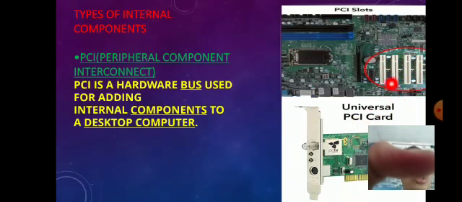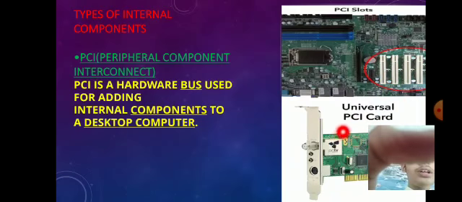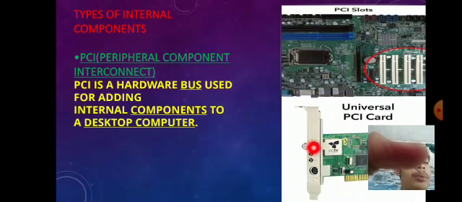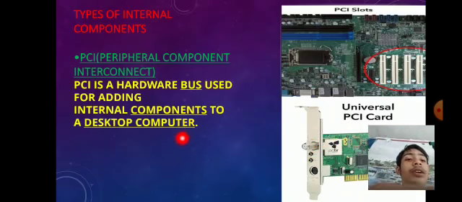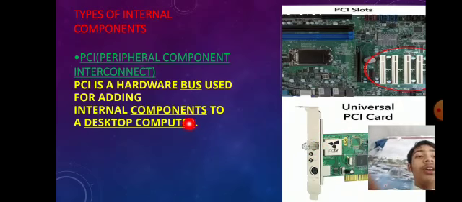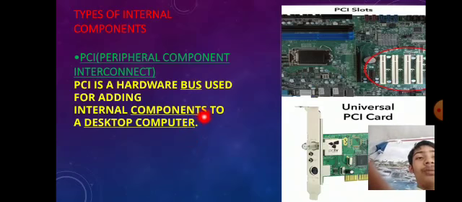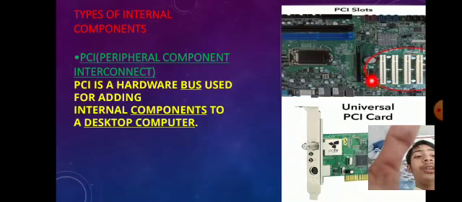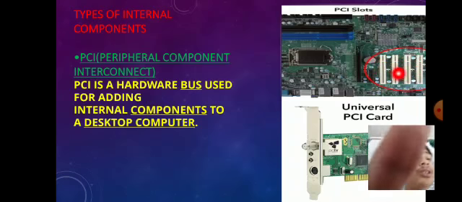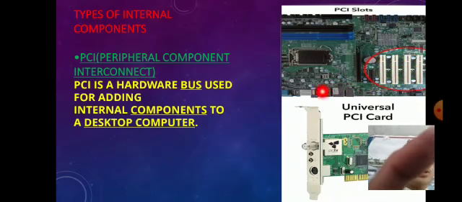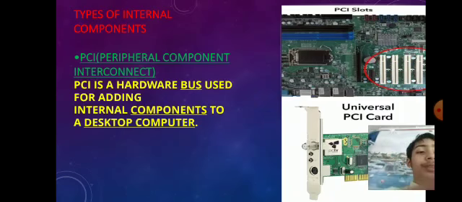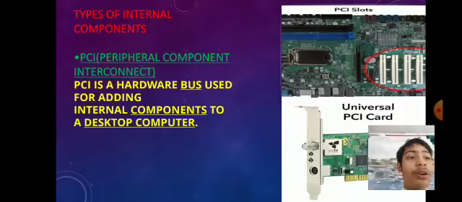It is used to insert a PCI card, through which we get a port to add other devices through USB. Most of the devices added to the computer motherboard are added through PCI slots. There are 4 to 6 PCI slots in every computer by default.